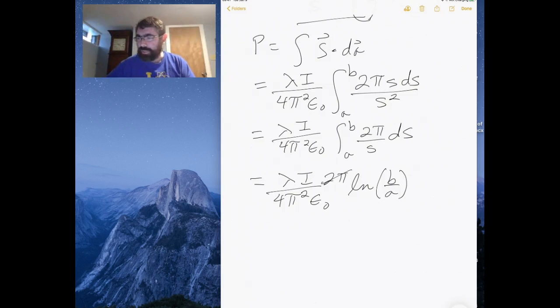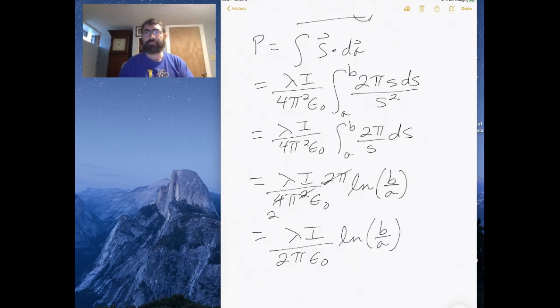So I can cancel out these, and I get lambda I over 2 pi epsilon naught, the natural log of b over a.